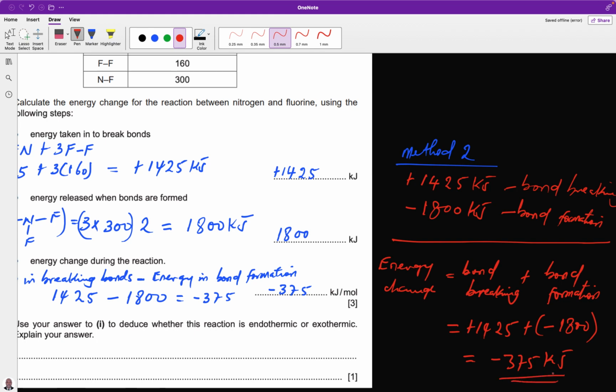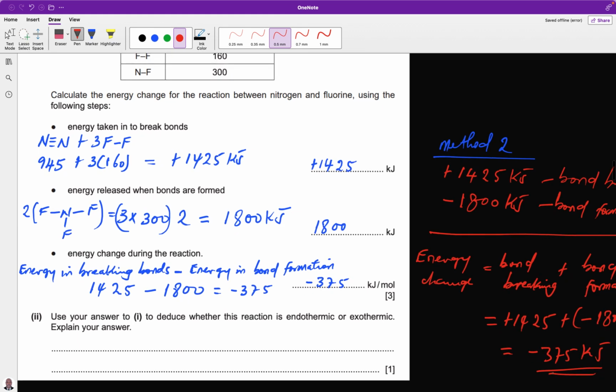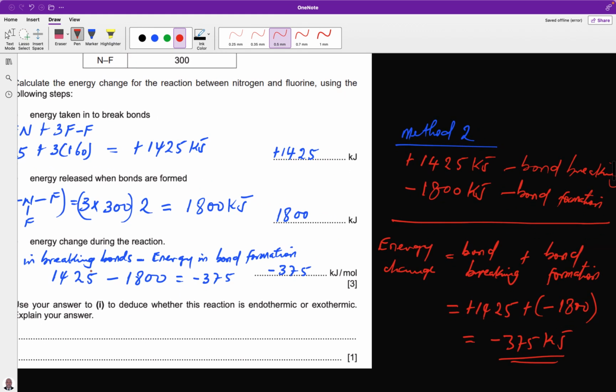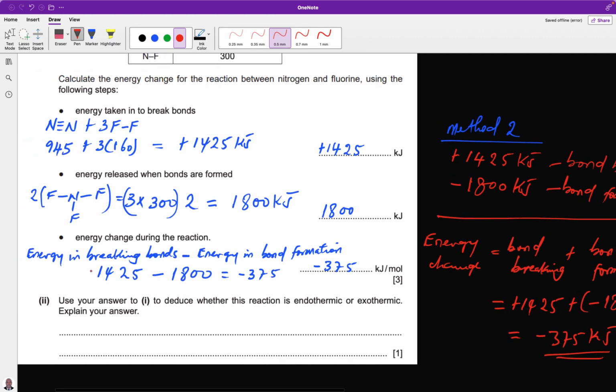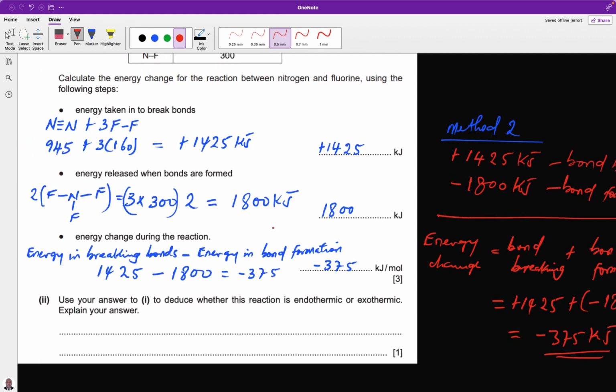So, a tip for the learners: if you want to use the formula energy in breaking bonds minus energy in bond formation, do not put a negative sign for the exothermic reaction.